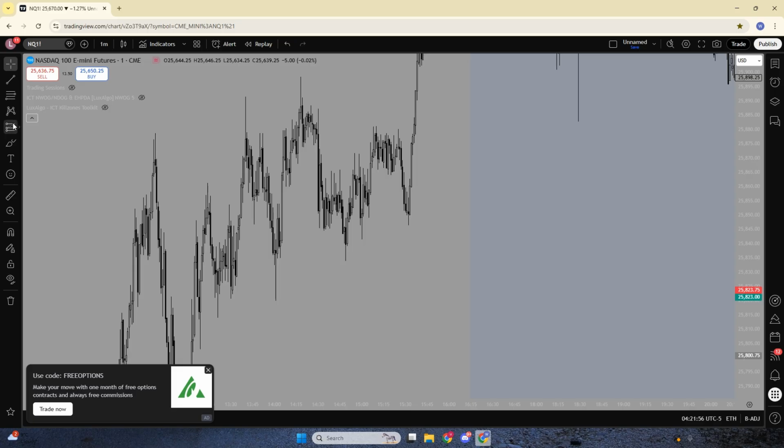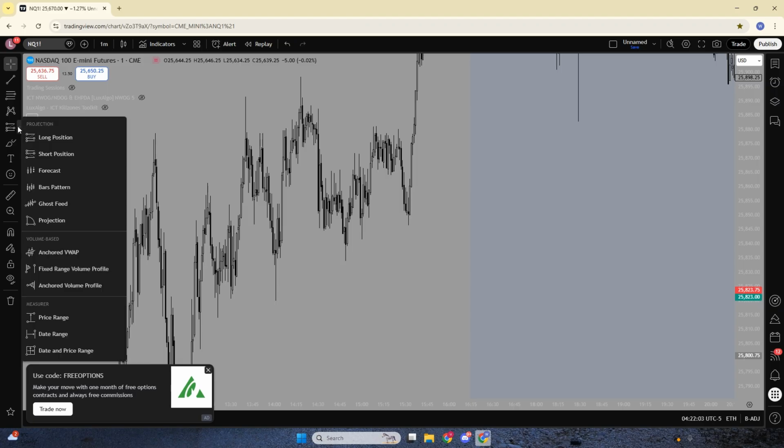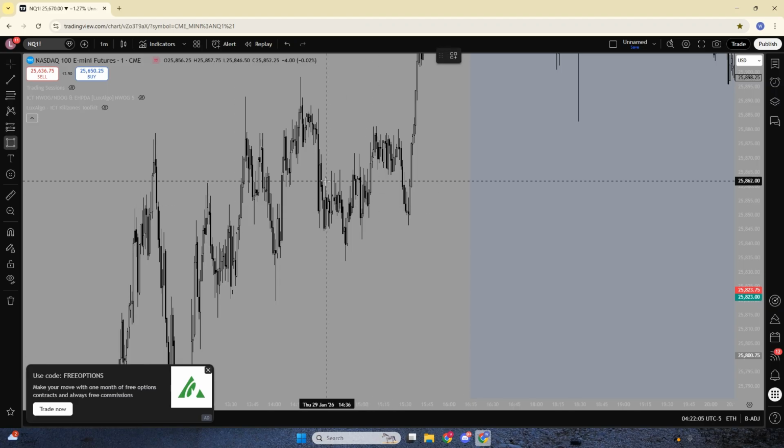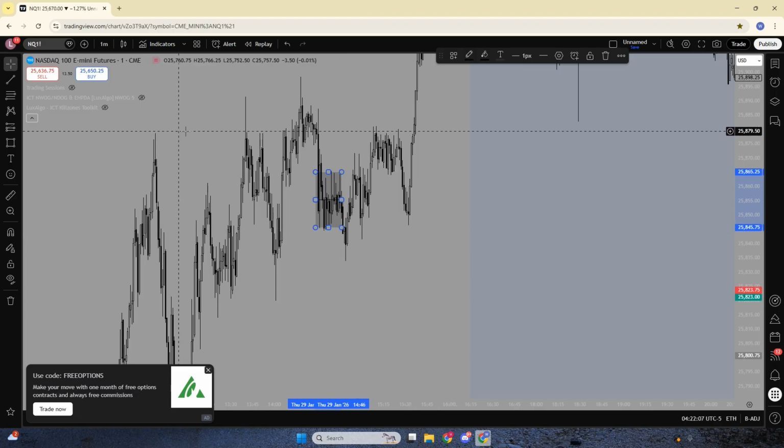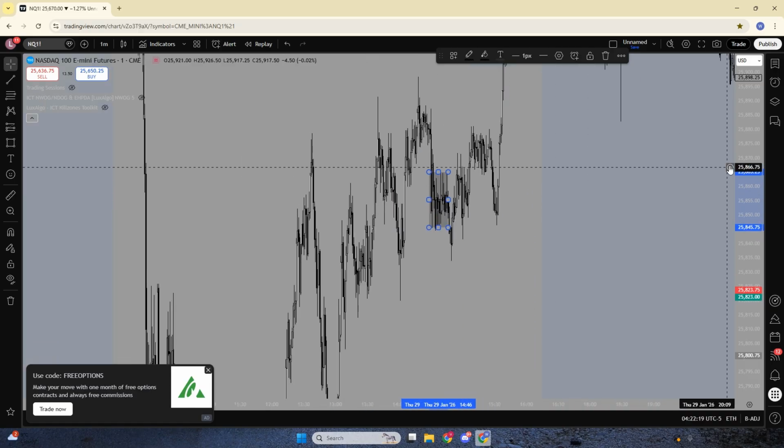Okay, here's an example that I like, right? We have an accumulation of this range. Boom, liquidity sweep, a V-shaped recovery, inverse fair value gap that gets tapped into, respected, and then rips straight up.